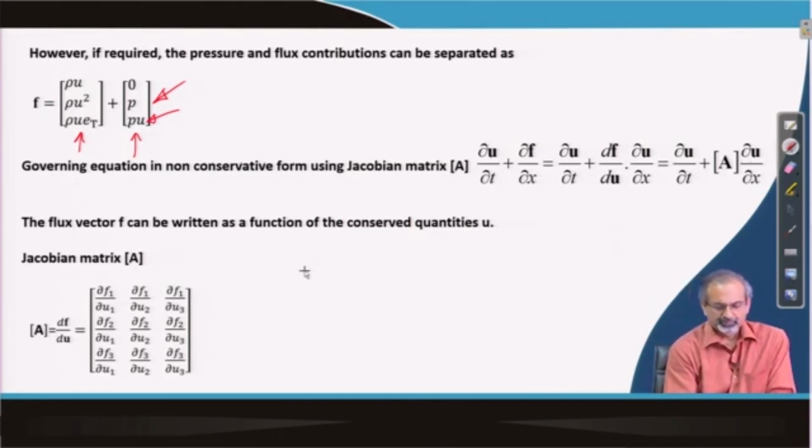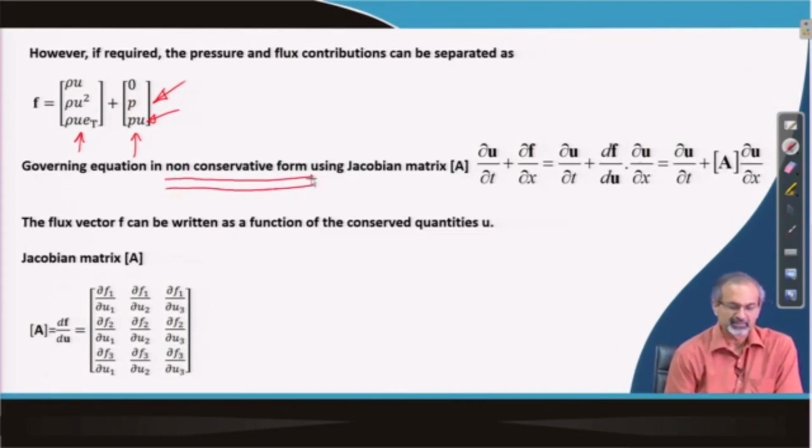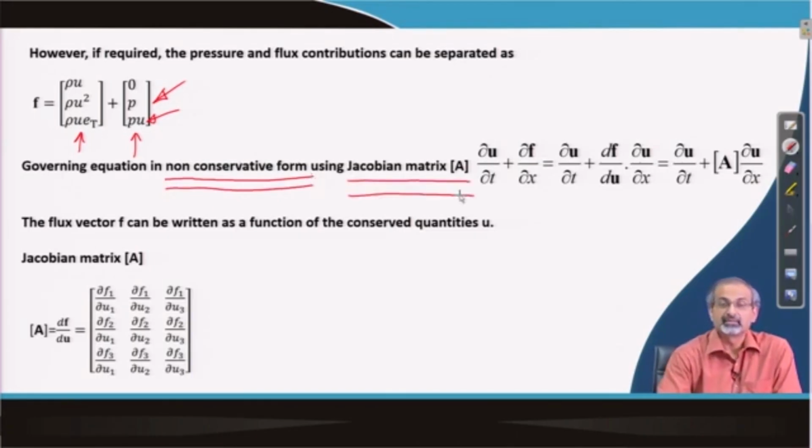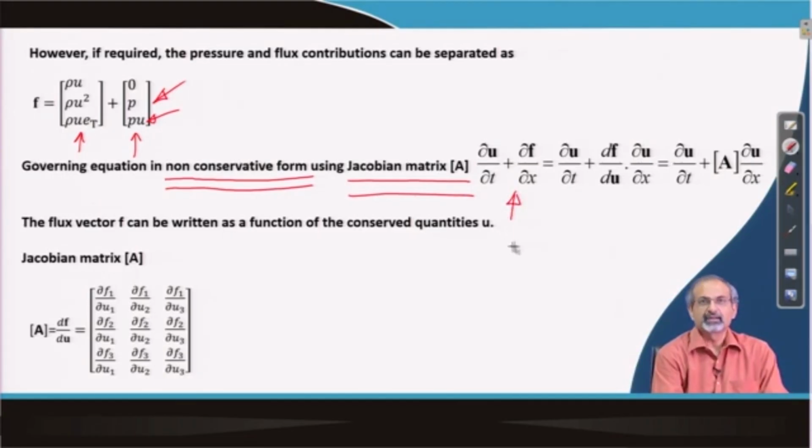And then a very important part that we can look at in terms of information about how the equation behaves actually comes from the non-conservative form, where we define the Jacobian matrix A. So, in order to define the Jacobian matrix, we start from the conservative form of the equation, the left hand side of the conservative form of the equation, and then we split the spatial derivative.